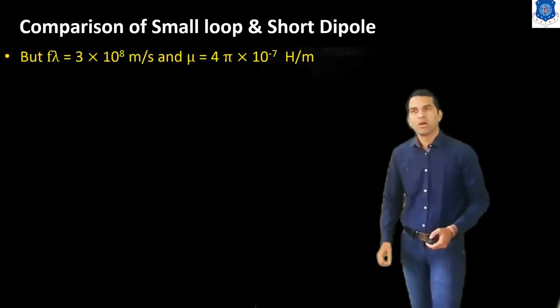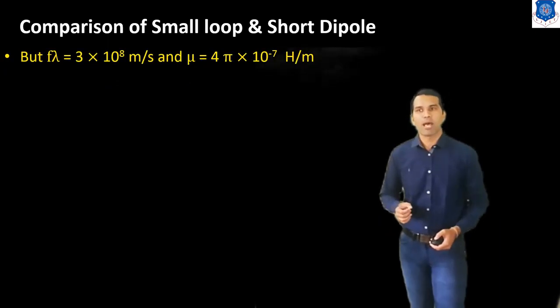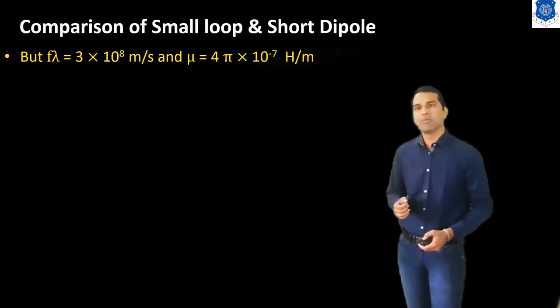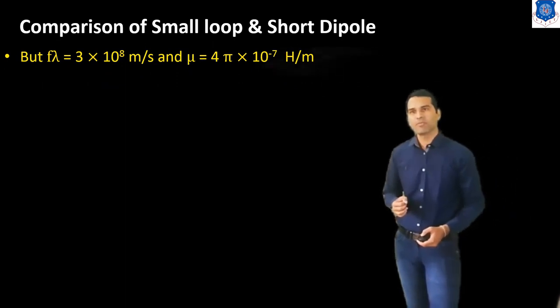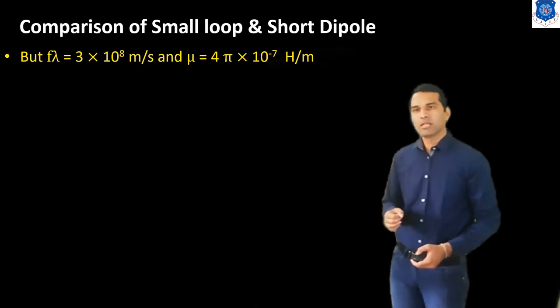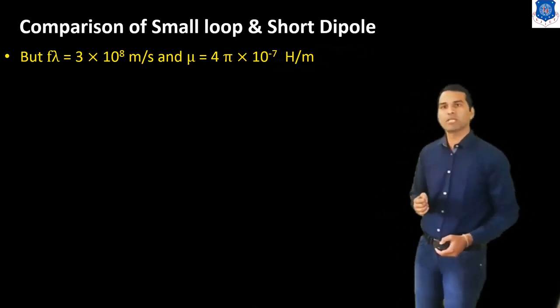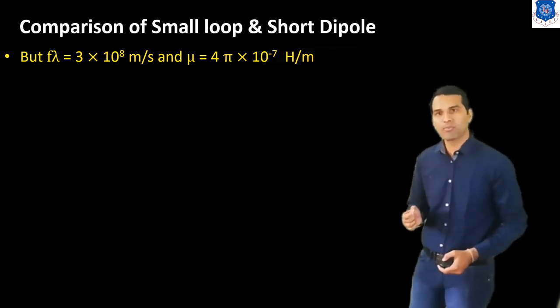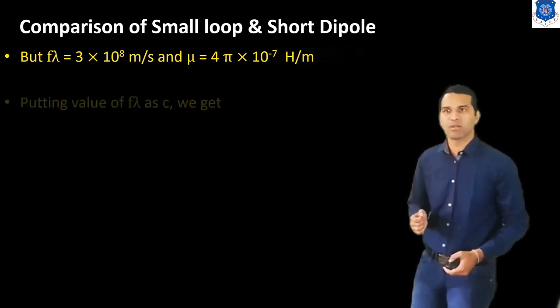Now we know that f into lambda, that is, the wave frequency times the wavelength, is nothing but c, which is 3 into 10 raised to 8 meters per second, and the value of mu we know is 4 pi into 10 raised to minus 7.